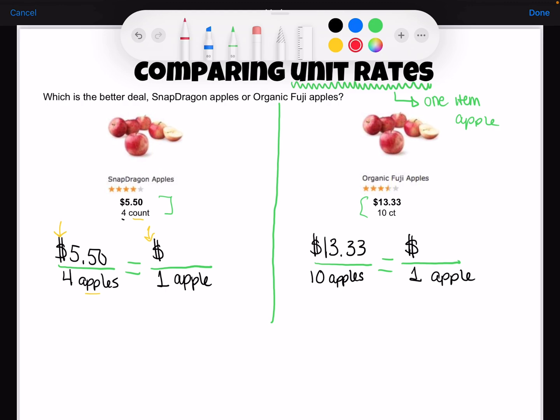Now, I'm going to go ahead and find the price for 1 apple, first in my Snapdragons and then in my Fuji apples. To find the unit rate, we're always dividing by this number here on the left side, that denominator. We do that because 4 divided by 4 gives us 1. So we know we're always dividing by itself to give us the price of 1 apple or that 1 whatever it is.